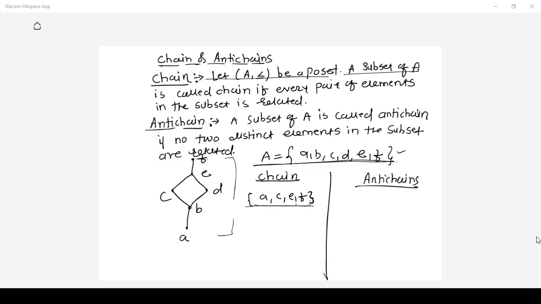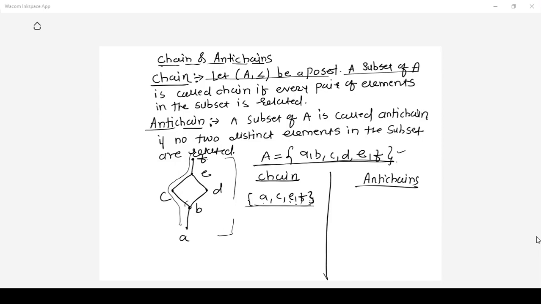Means if I consider A comma E, A should be related to E. If I consider C, F, then C should be related to F. If you look at the Hasse diagram, all these elements come in one chain, like A, C, E, F. I have not considered B. That is fine.